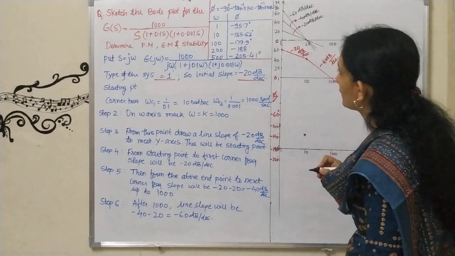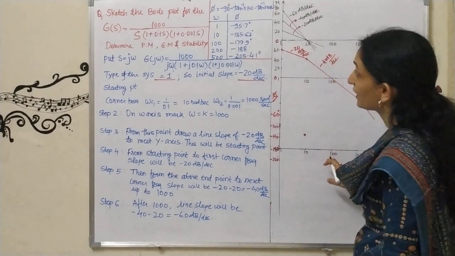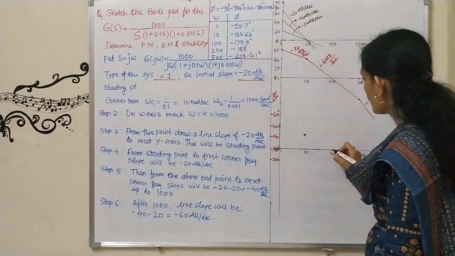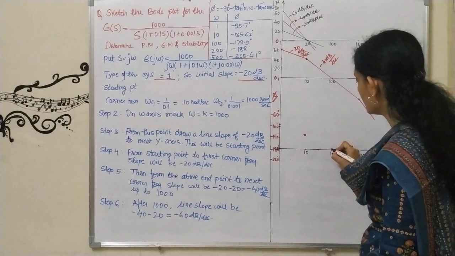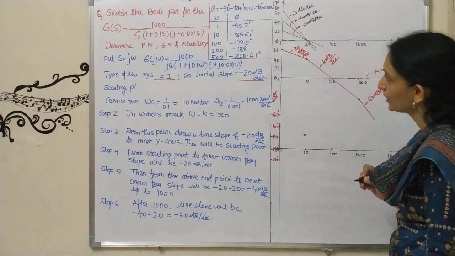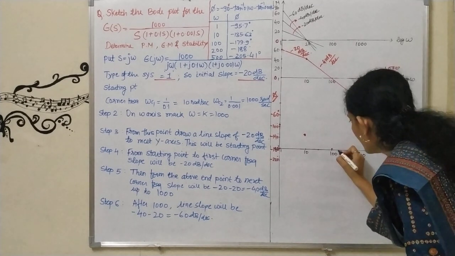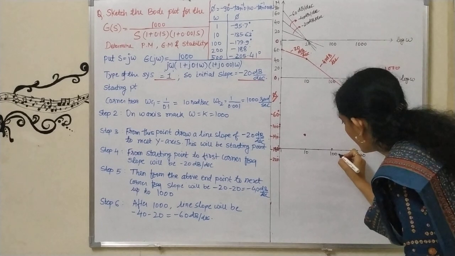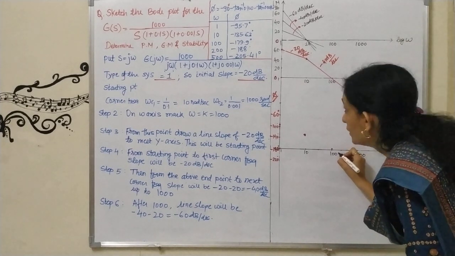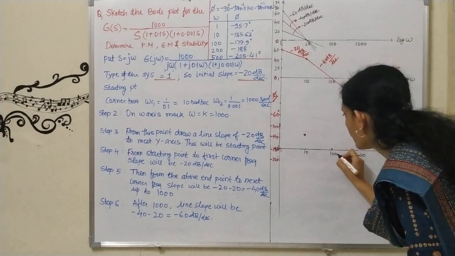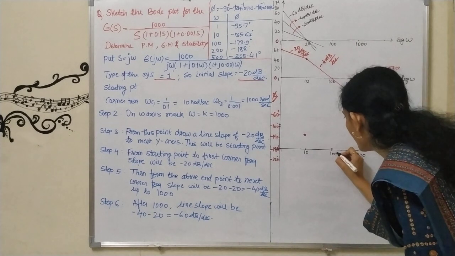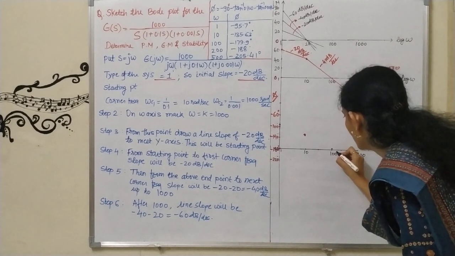Now next for 100, I am getting minus 179.9. So approximately 180 degree. Okay. Then for 200, I am getting minus 188. Okay. So 200, it will be the second vertical line after 100. So where will be my minus 188? It may be here. Okay.